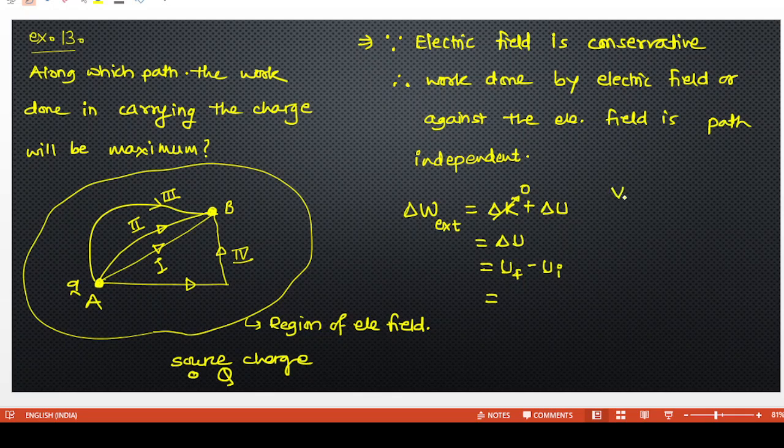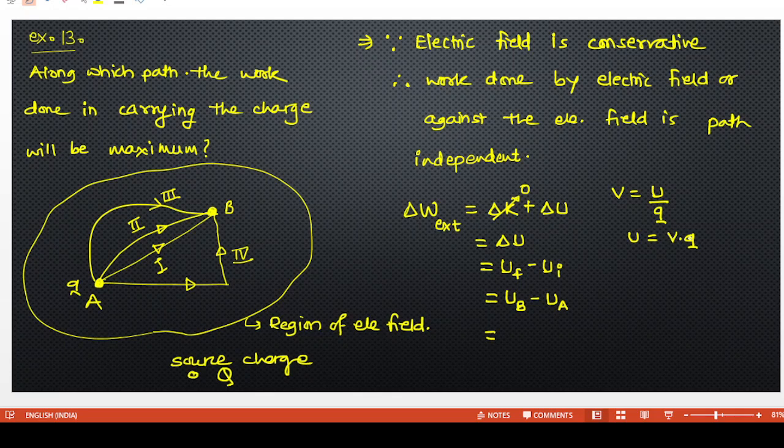Now you know potential at a given point is equal to potential energy of the test charge upon the test charge. Therefore potential energy can be replaced by potential into charge. Then at the final position you can say potential energy at point B minus potential energy at point A. But what is the formula for potential energy?